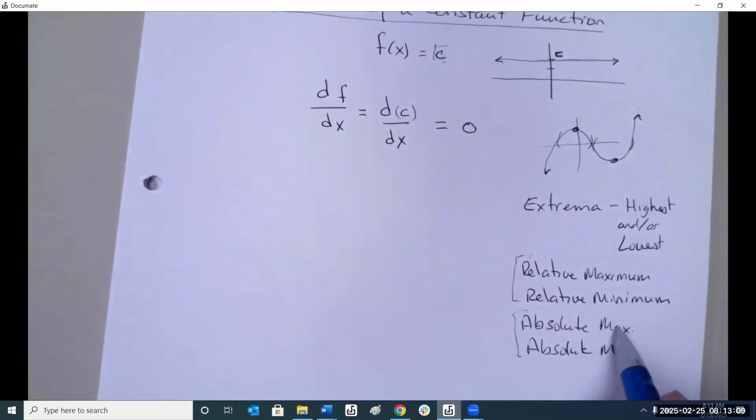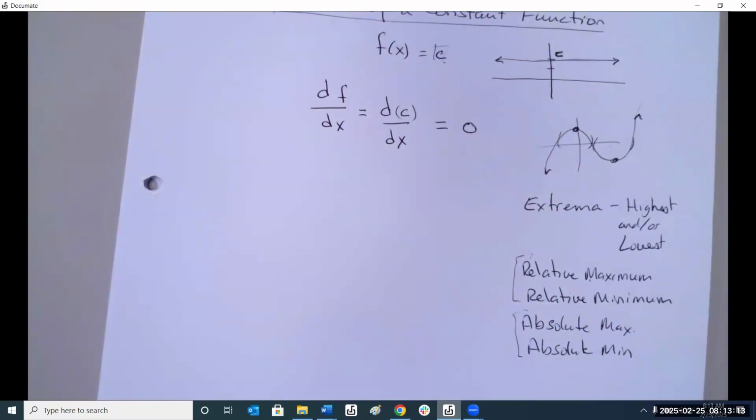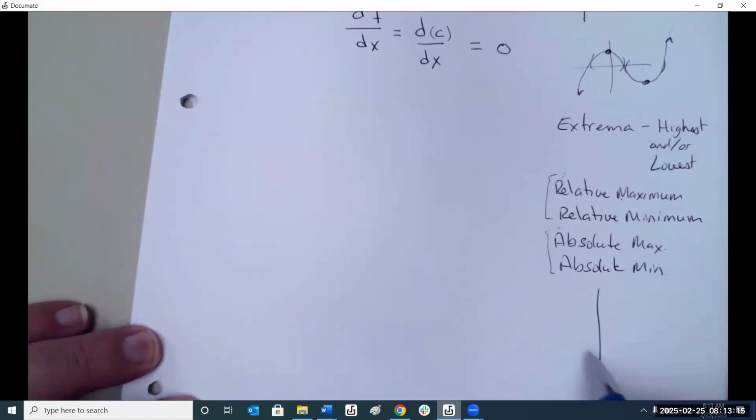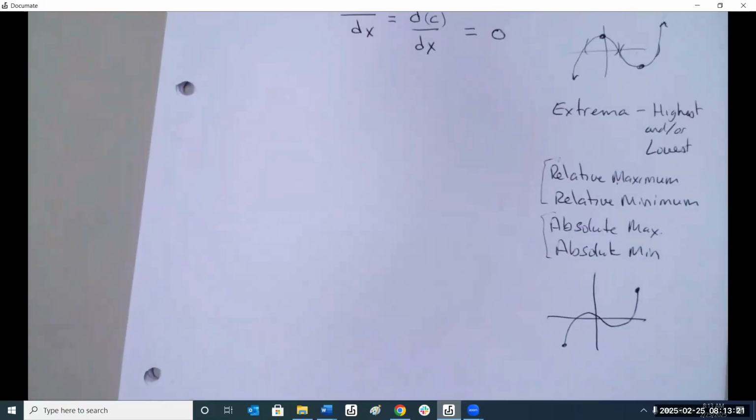Can an absolute maximum be a relative maximum? If I had a graph that looked like this, how many maxima do I have here? How many high points do I have?